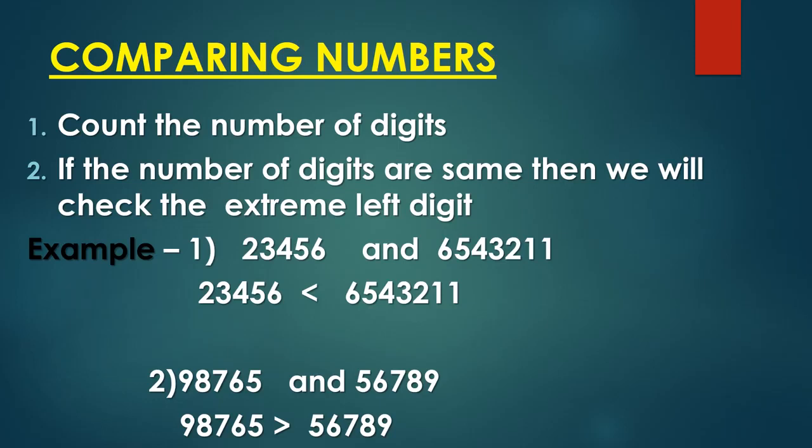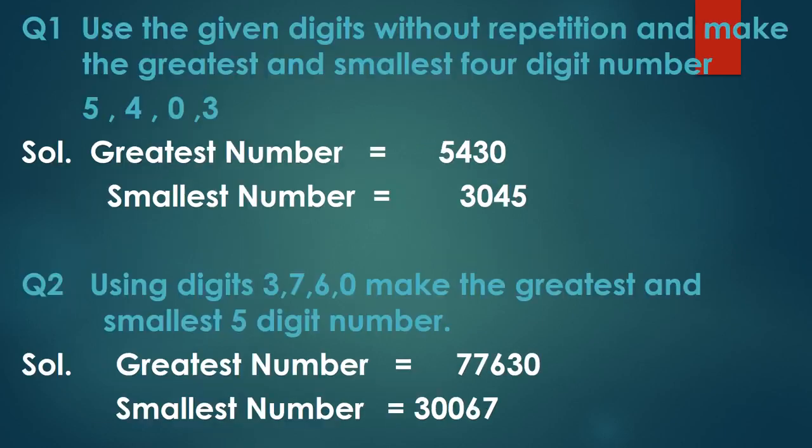Now extreme left digit of 98,765 is 9. And extreme left digit of 56,789 is 5. So 9 is greater or 5 is greater? 9 is greater. So 98,765 is greater than 56,789.